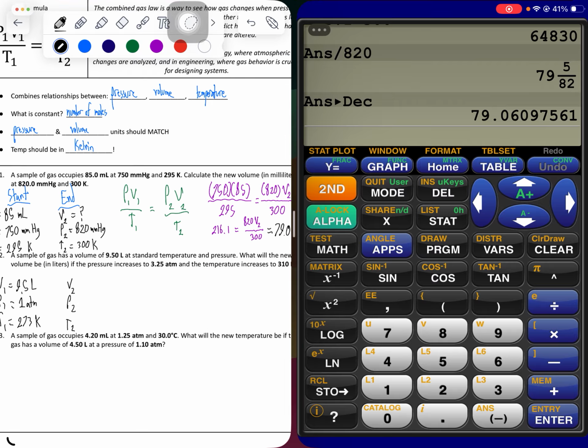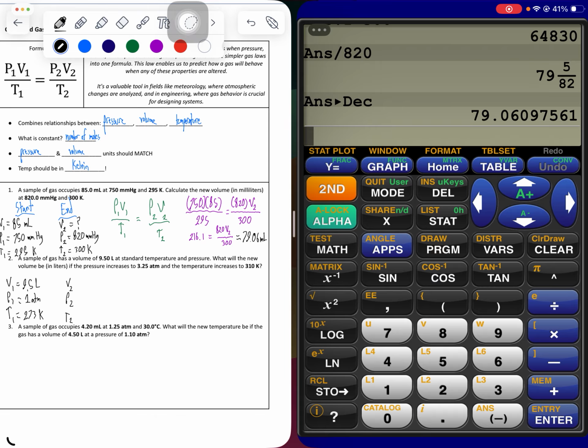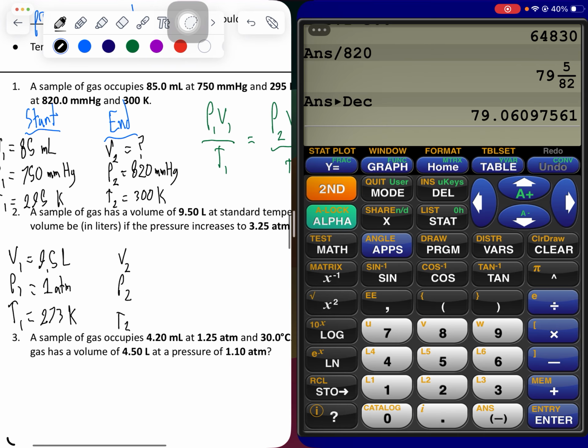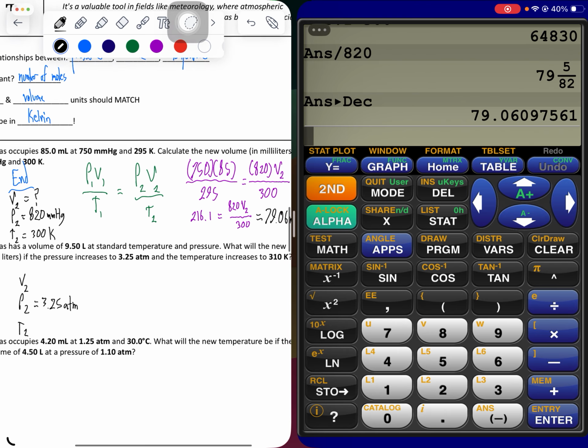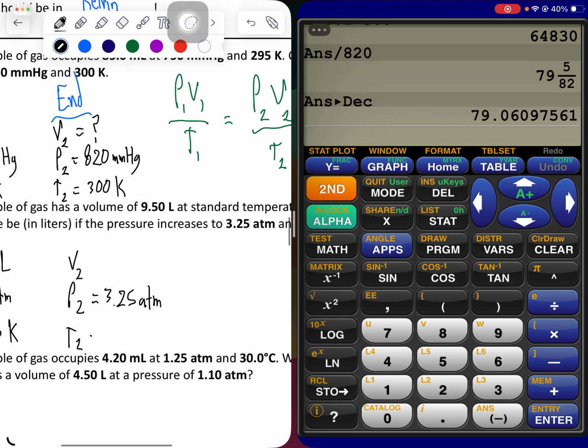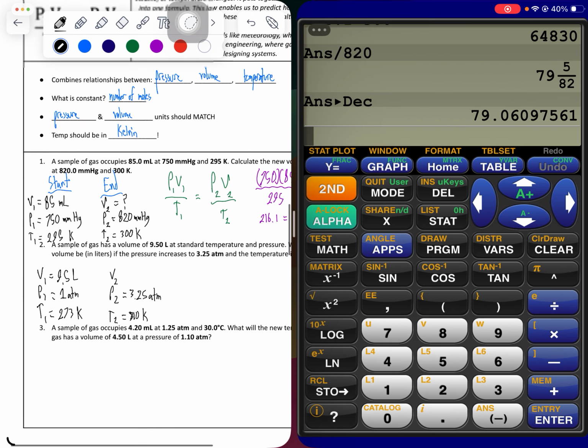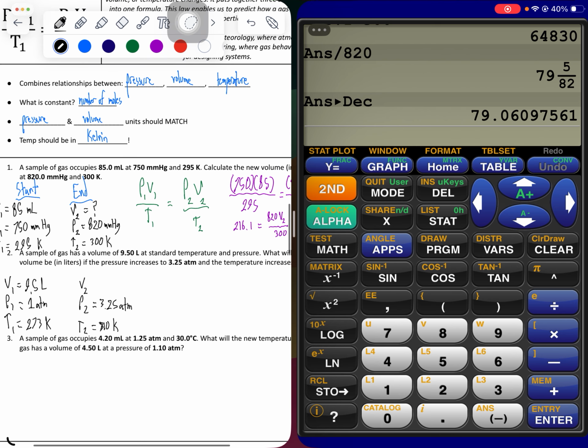Then, we are asked, what will the new volume be? So again, we're solving for volume. If the pressure increases to 3.25, so now our ending pressure is 3.25 atmospheres, and the temperature increases to 310 Kelvin. Okay, same process. We're just going to plug in to our equation P1 V1 over T1 equals P2 V2 over T2.